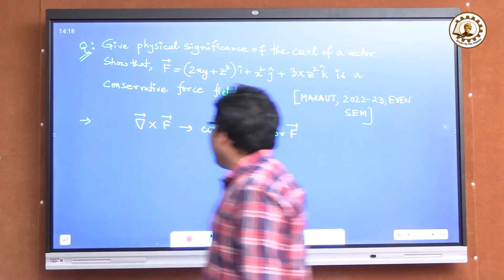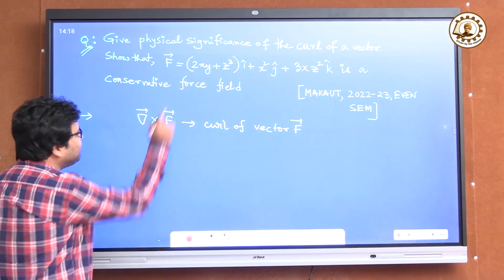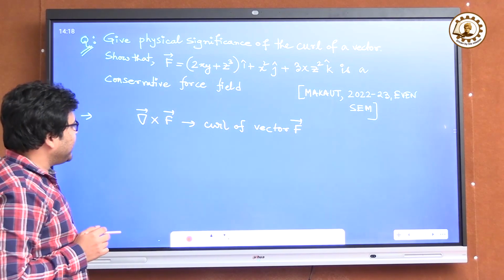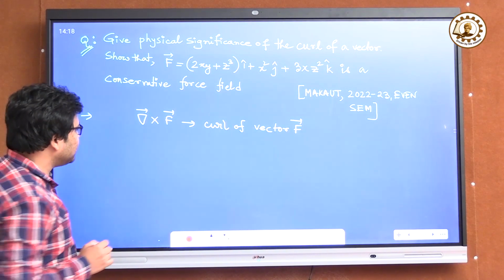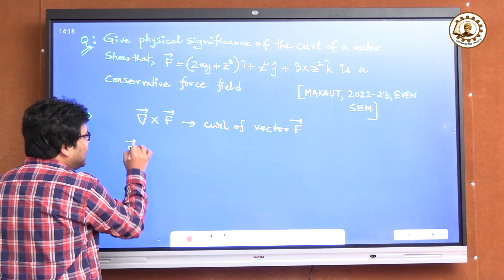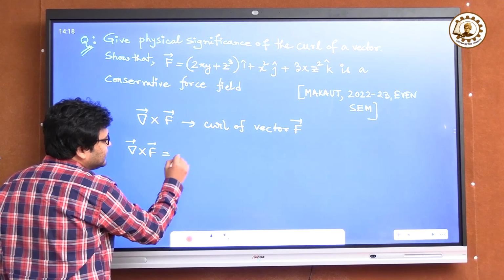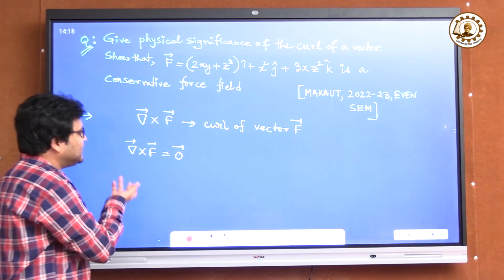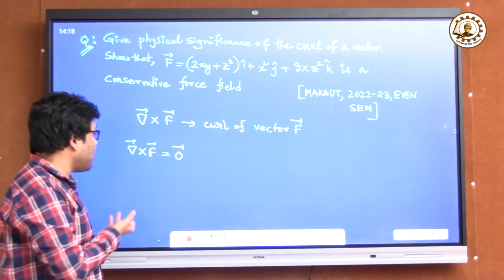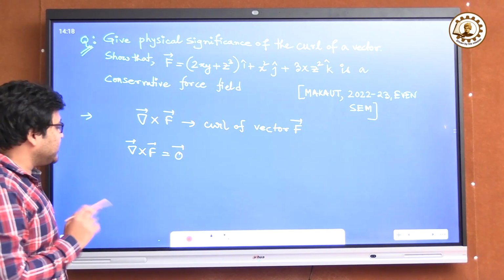Okay, so we may conclude the physical significance of the curl of any vector field. If the curl of any vector field F is the 0 vector, that means the operation gives us a 0 vector.